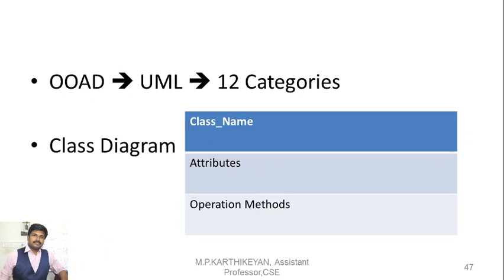So in inheritance, if we are combining two classes such as person and employee, what will be the things listed? The first one is the class name. So the first class name will be person and the second class name will be employee. Then what are the various attributes available in person?